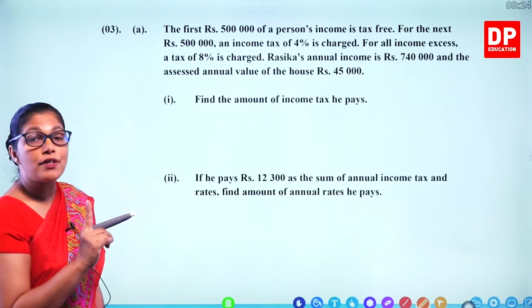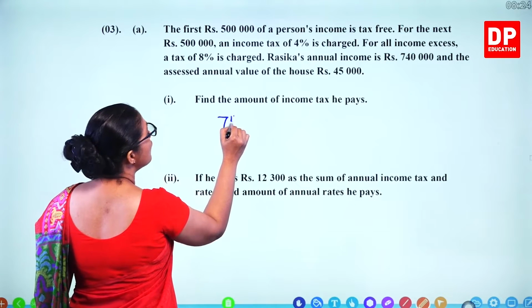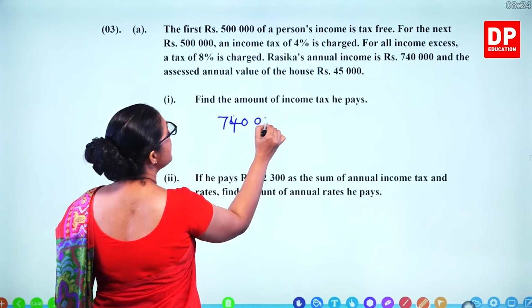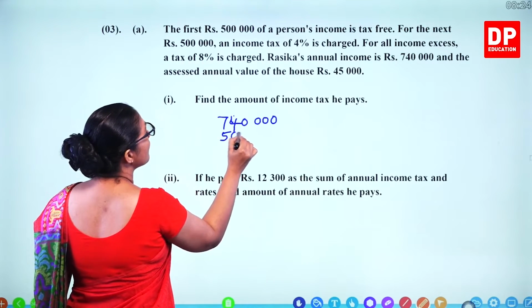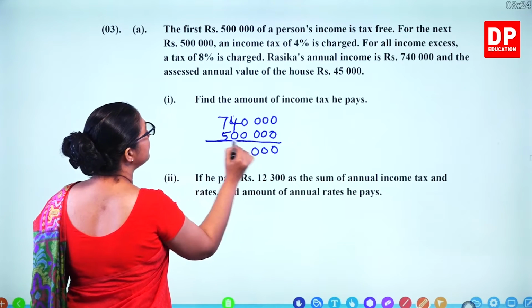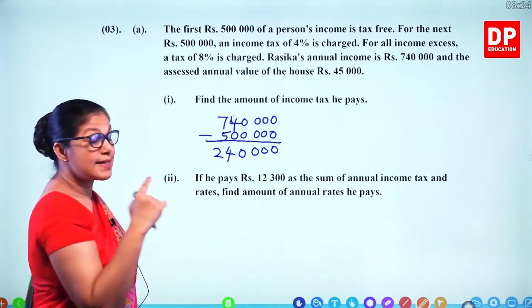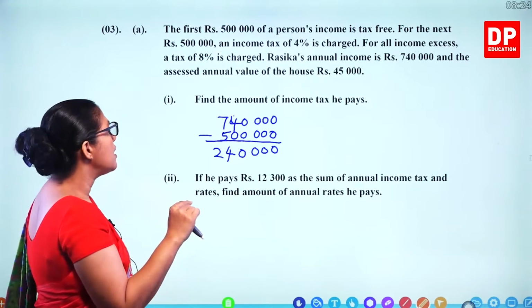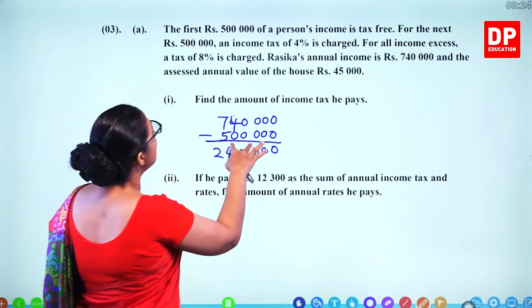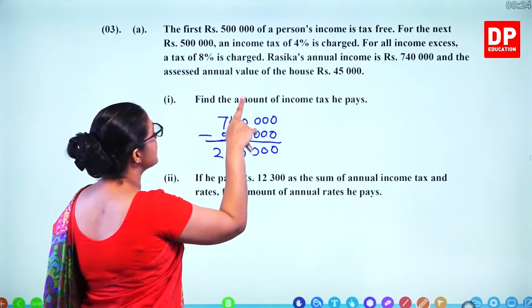So, first 500,000 it's free. So, we'll subtract first 500,000 from that. So, the remaining amount is 240,000. So, that's less than 500,000. So, only you need to calculate the tax for this region. So, that's 4%.